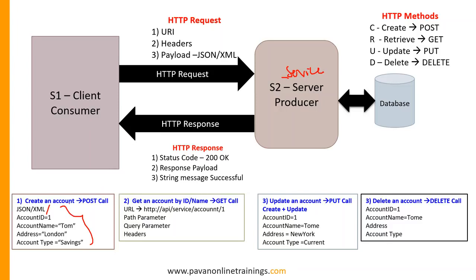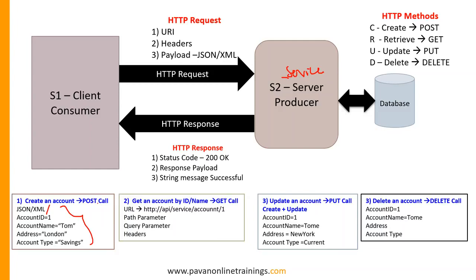Now when I do the post call, we should send the data along with it, like account ID, account name, address, and type. This kind of information we need to send with the post call, meaning this data should be created in the database.